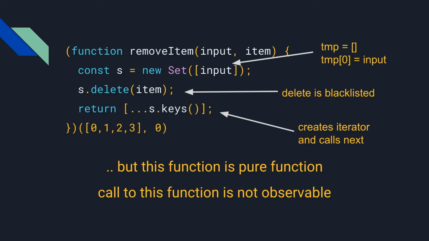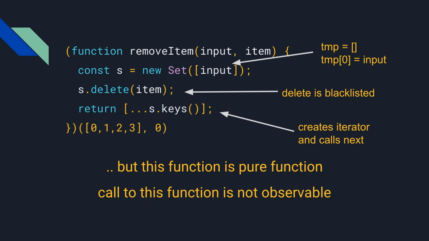But like in this example, this function is some kind of pure, and it doesn't produce any observable side effect outside of its own closure. So it looks like for this function we produce a false negative when we mark it as a side effect non-free function.